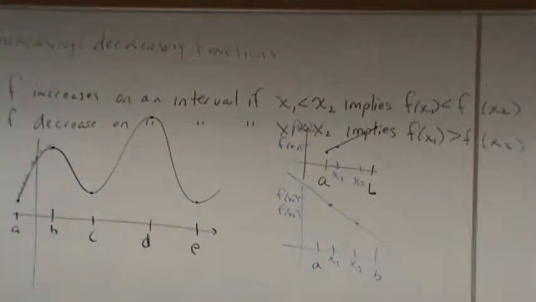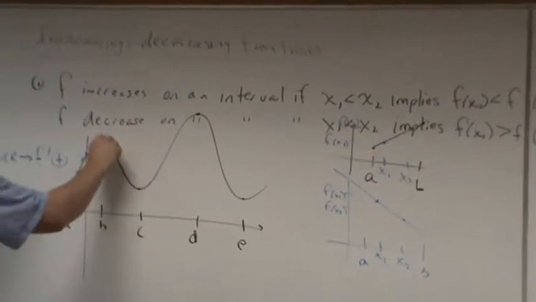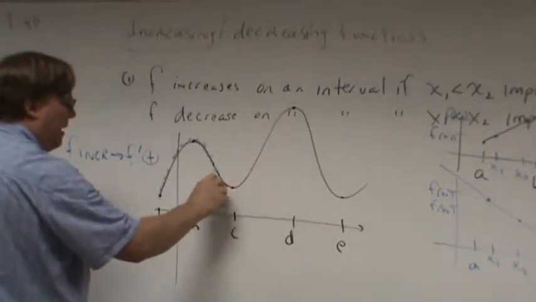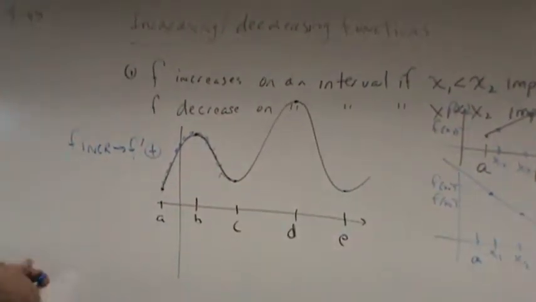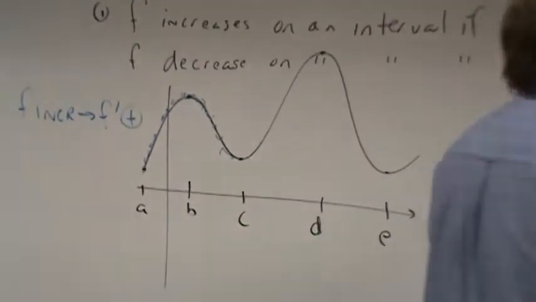All right, so kids, the thing I want you to get, of course, is if f is increasing, that implies that f prime is going to be positive. That's all. And if f is decreasing, as you see here, then f prime, the slope of the tangent, is going to be negative. And that's all I need you to get from this increasing, decreasing function thing, okay?